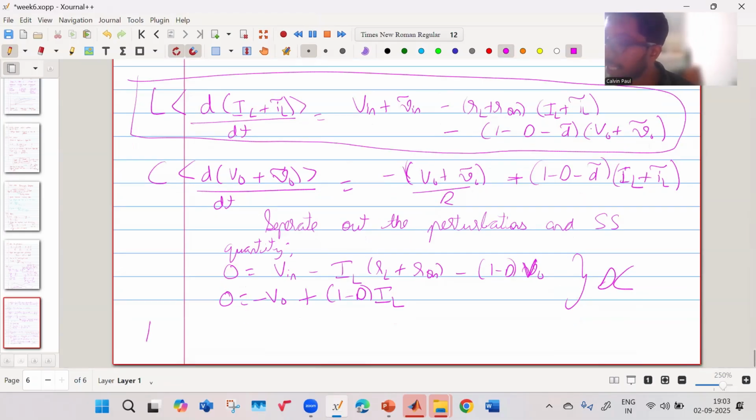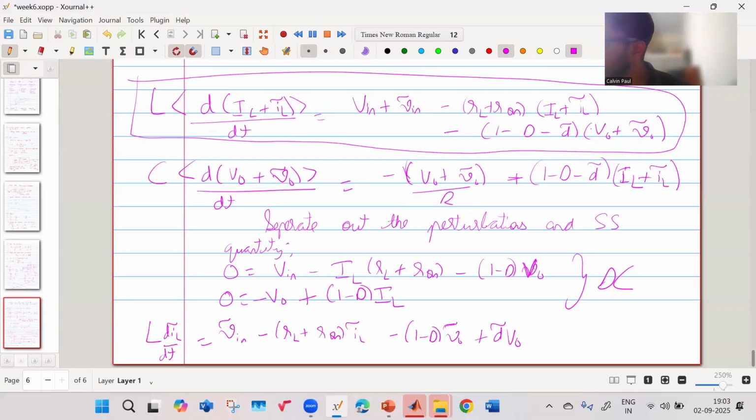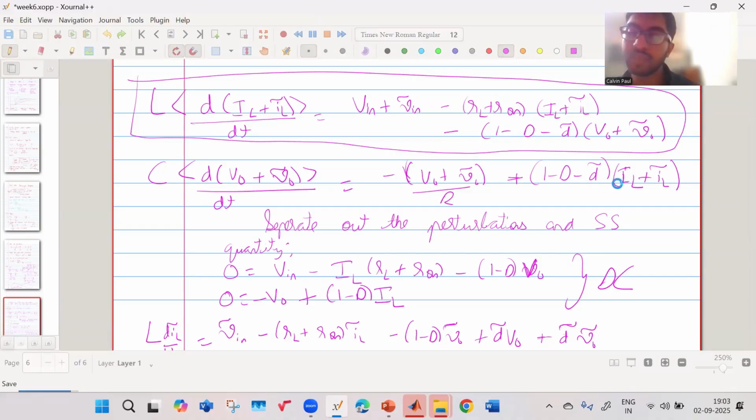So we write L dI_L perturbation/dt, that is equal to V_in perturb minus (R_L plus R_1) into I_L perturb minus (1 minus D) into V_0 perturb plus D perturb into capital V_0, and you have plus D perturb into V_0 perturb. Now with this, what are we supposed to do?